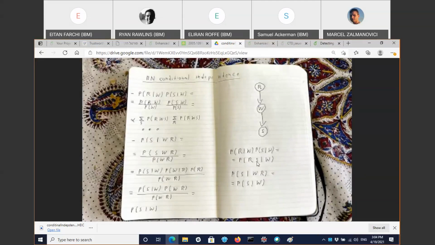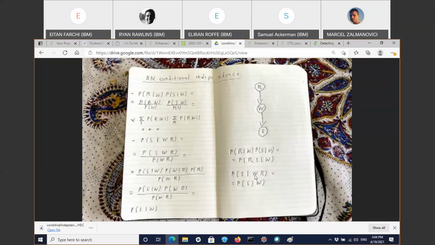So rain and sleeping could be, it's raining and a person fell, it's raining and a person did not fall, whatever. Doesn't matter, but this condition should hold, and then we would say that the two variables R and S are conditionally independent given W, which is the intuition we talked about a minute ago.